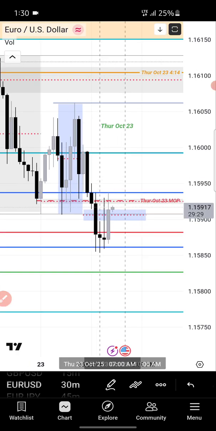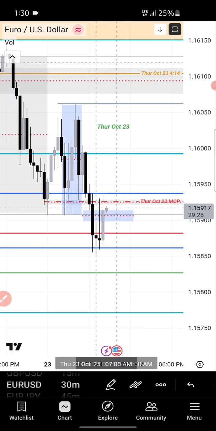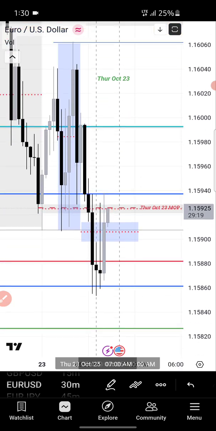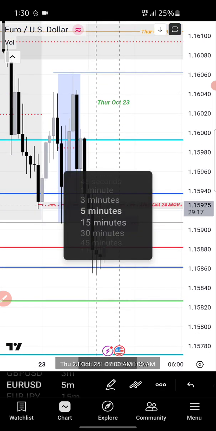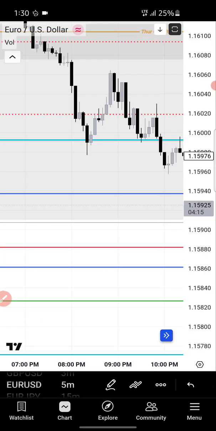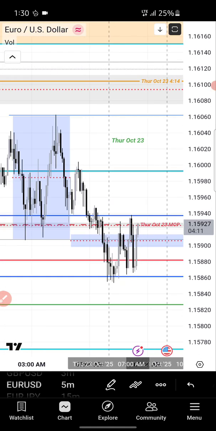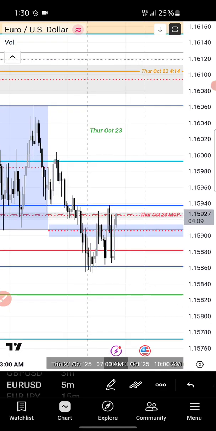So what I want to do now is to focus on buys. So if you're focusing on buys, now you can see it's already doing it, closing above the consequent encroachment of the 30 minutes fair value gap. So let's see if we can get the London high.